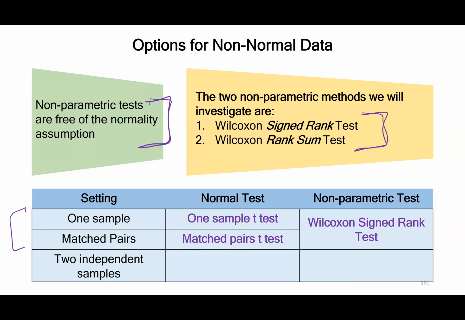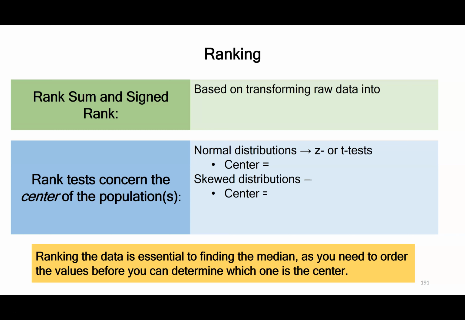If we were to look at two independent samples, comparing population 1 to population 2, probably means, but something quantitative for sure, we would use a two-sample t-test if we meet the conditions. But if we don't, we could use the Wilcoxon rank sum test. So, rank sum and signed rank.